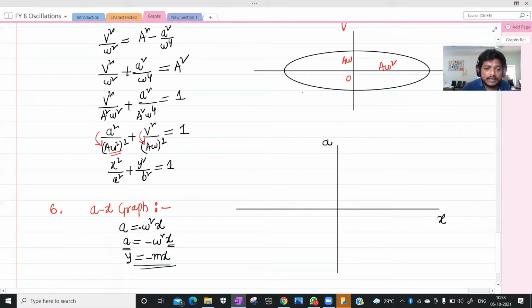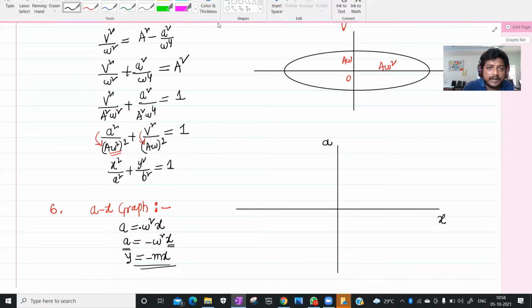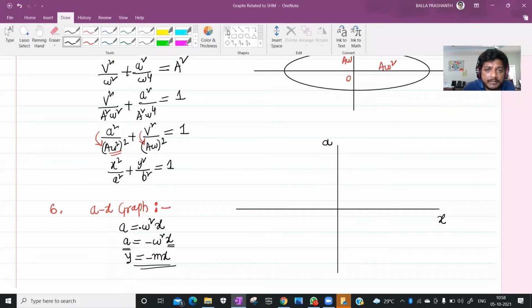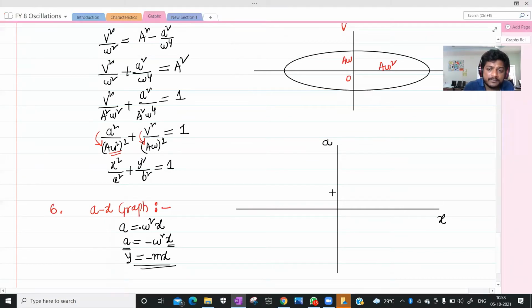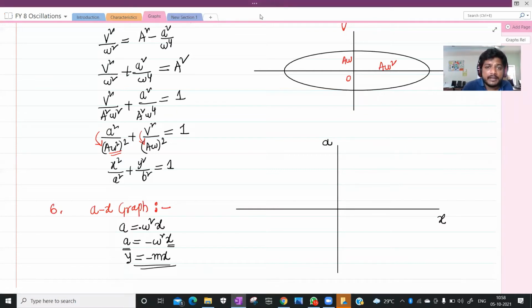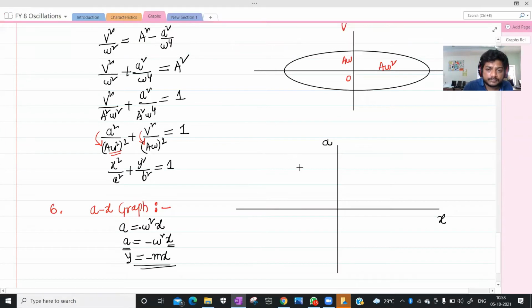How should the graph be? It is a straight line, must be passing through the origin, having negative slope. So this is the graph we are having.